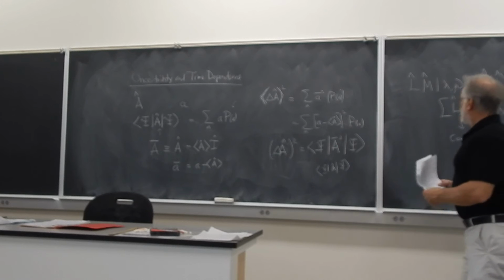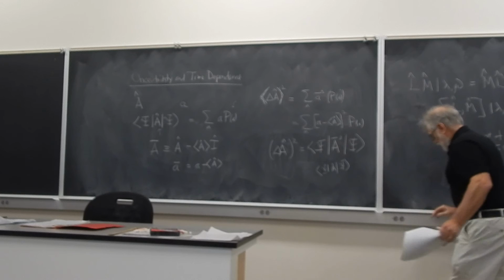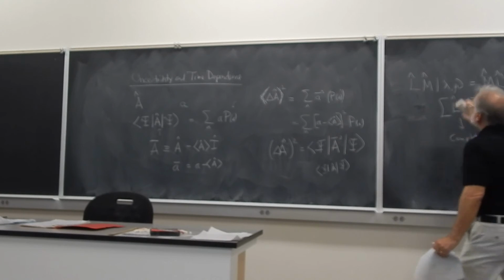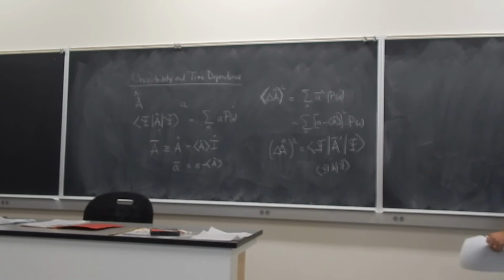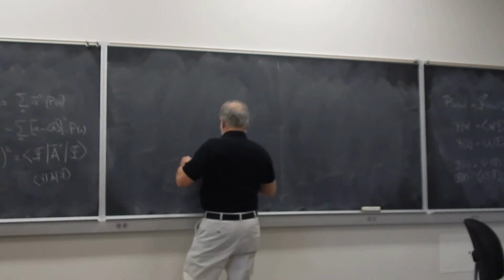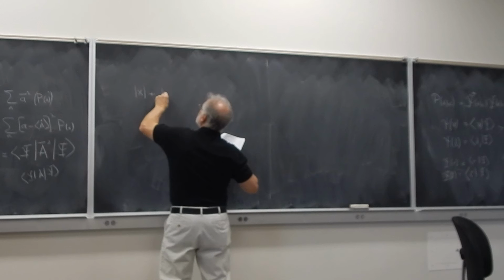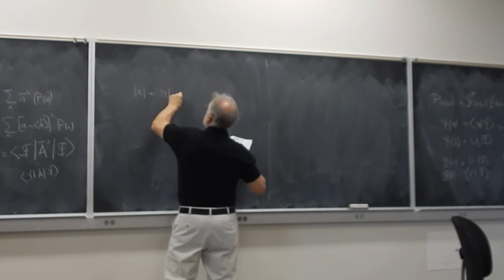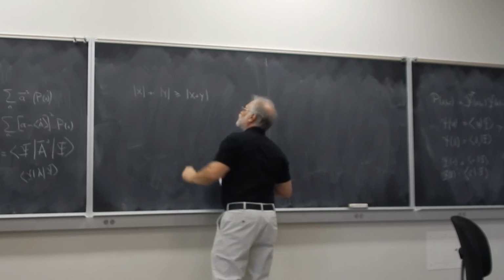We're going to base our uncertainty principle, though, on something that we call the triangle inequality. We'll try to motivate it like this. Magnitude of x plus the magnitude of y is always going to be greater than or equal to the magnitude of x plus y.